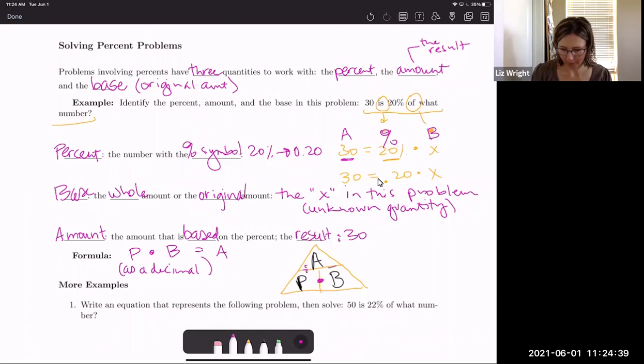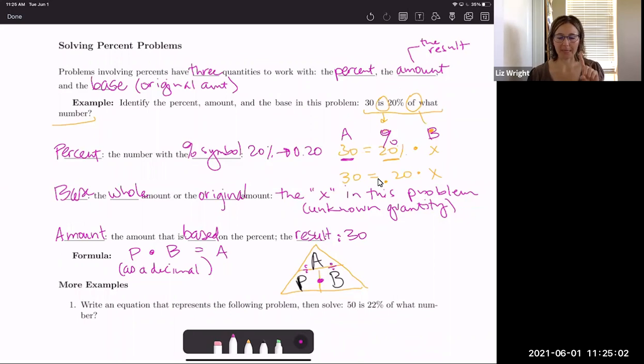What do I mean by that? Let's say we have to solve for the amount. I can't really do this on the screen, but put your finger over the A. If we don't know what the amount is, we cover up the A, and what does it tell us to do with the other two quantities? It tells us to multiply them, percent times base.